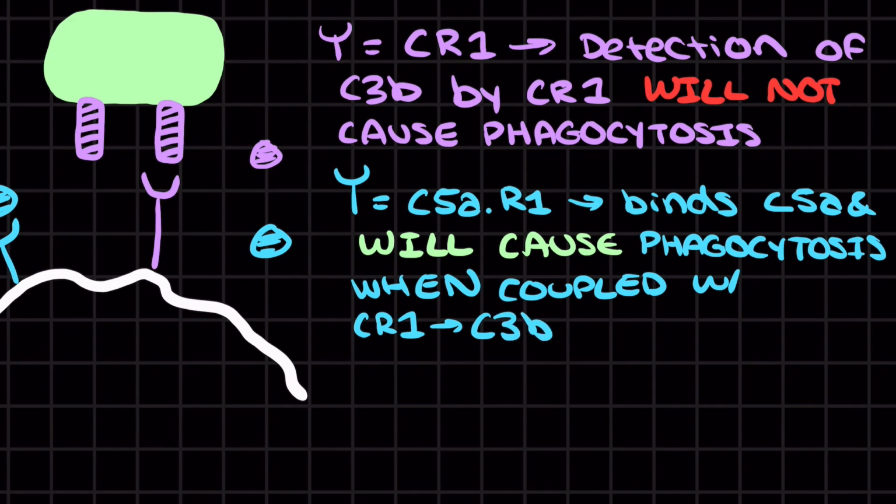There's another receptor that's worth mentioning that will recognize C5a, and I'm going to draw it in this lighter color. This receptor is known as C5a R2. And C5a R2 is interesting because when C5a binds to C5a R2, nothing really happens.